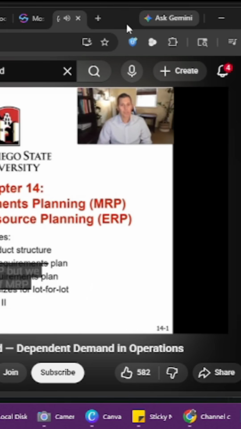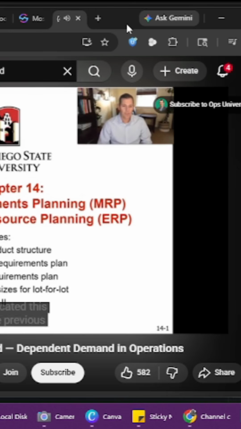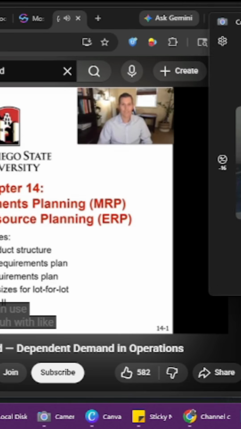I think I've probably communicated this a couple times in some of the previous chapters, but this is an area in my career where I've spent a reasonable portion of time understanding MRP, the forecasts that go into it, all of the different bill of materials and net requirements, and how you can use inventory management tools like lot for lot and economic order quantity.